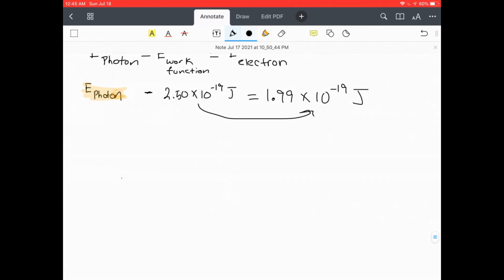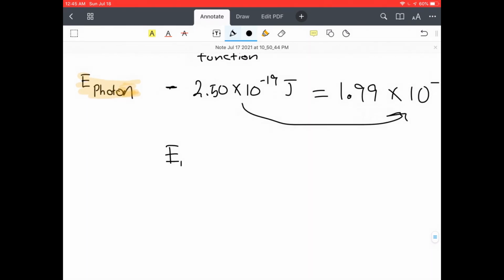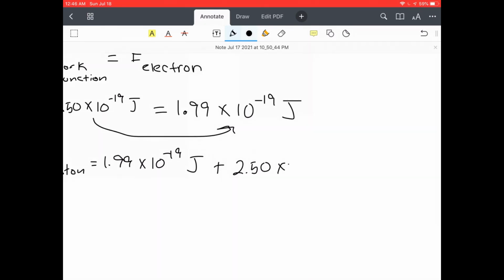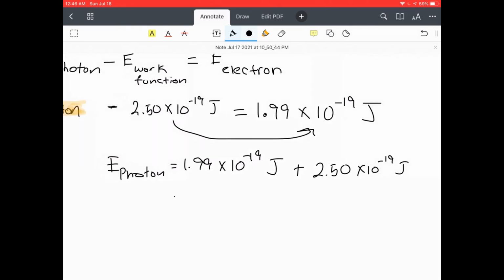That leaves us with energy of the photon is equal to 1.99 times 10 to the negative 19 joules plus 2.50 times 10 to the negative 19 joules. Awesome. So now when I add those two values together, I get that the energy of the photon is 4.49 times 10 to the negative 19 joules.